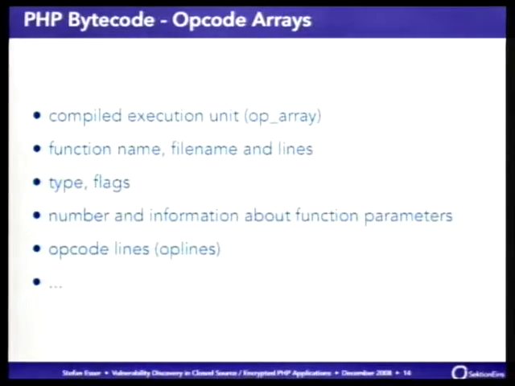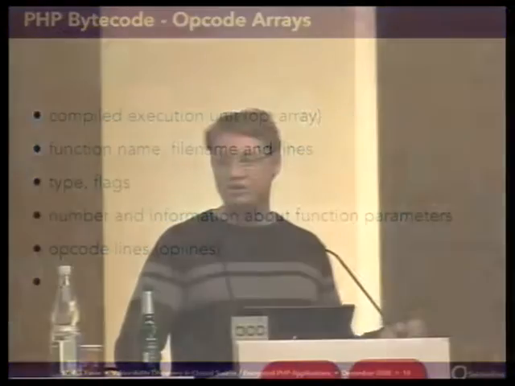There's some type information like which kind of function, which kind of method this is, a private, protected, or public one. And there are some other flags like if this is an internal function or a user space function. And of course there's also information about the function parameters.